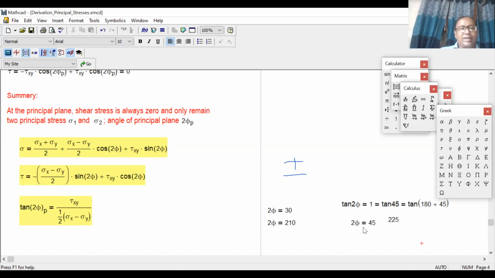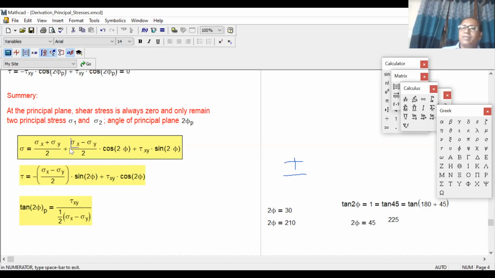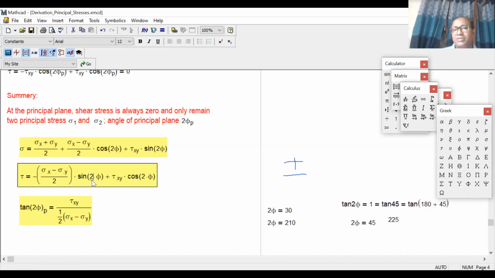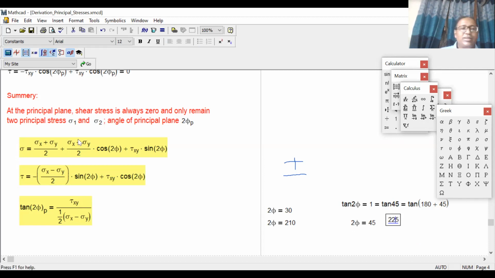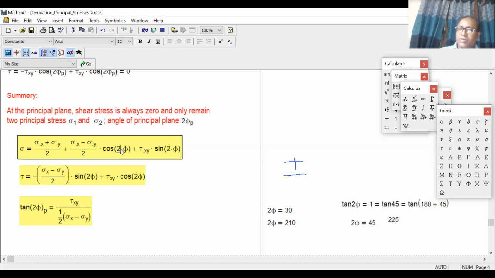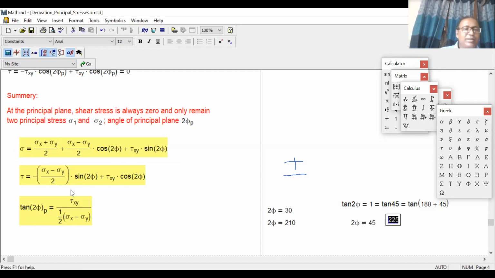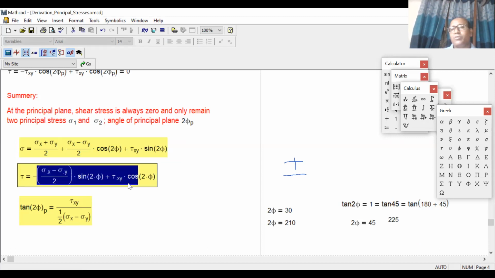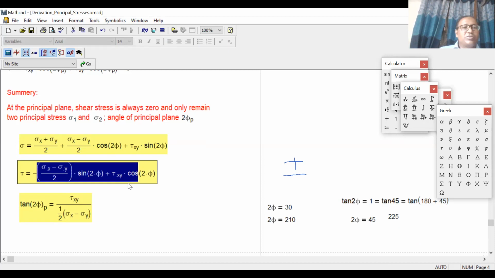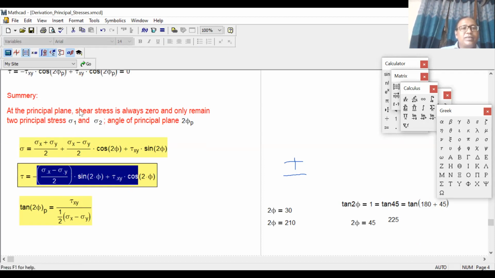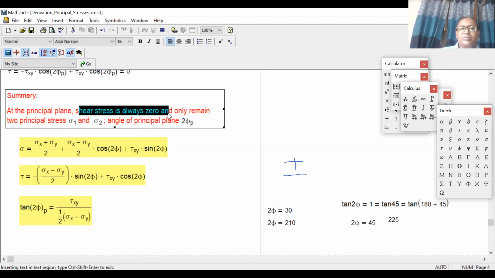So you get two angles. These two angles, you put one time over here, you get sigma 1. One time over here, tau. Next time you put the other angle, you get the sigma 2 value. And you put the angle again in the tau equation, you get tau equal to 0. So for principal plane, shear stress is always 0.